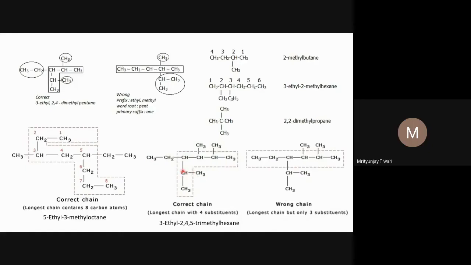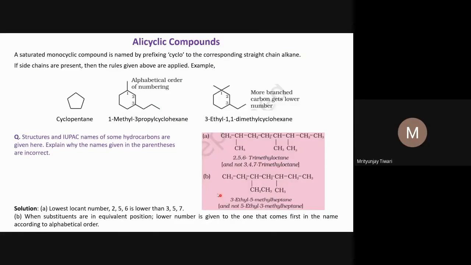So 2 methyl, 3 ethyl, 4 methyl, 5 methyl. If you go from this direction, 2 methyl, 3 methyl, 4 ethyl, 5 methyl. So this numbering we will follow. If you follow this numbering, it will be 3 ethyl, then 2, 4, 5 trimethyl hexane, and the total number of carbon atoms is 6, so it is hexane.